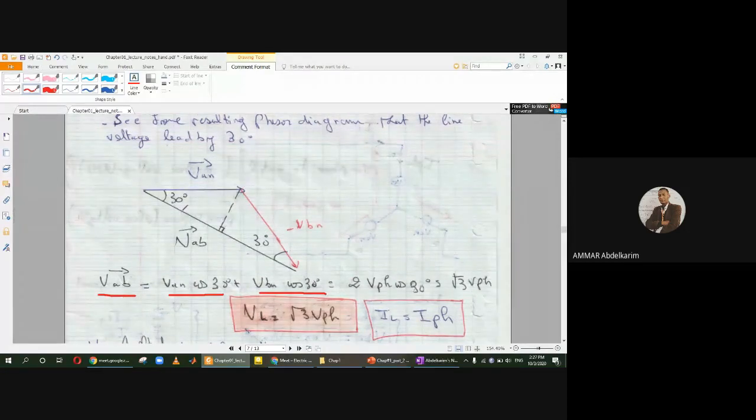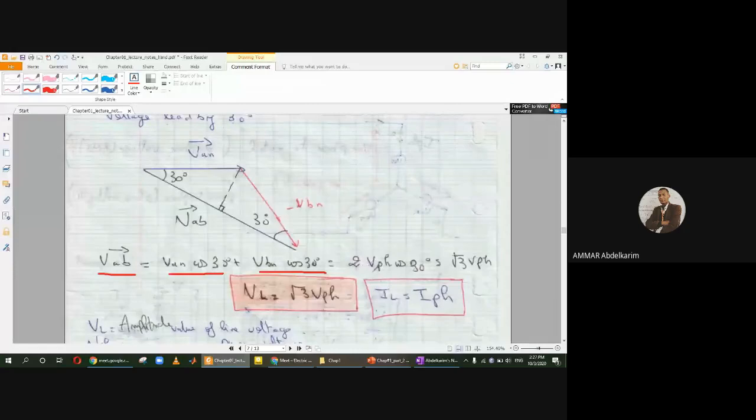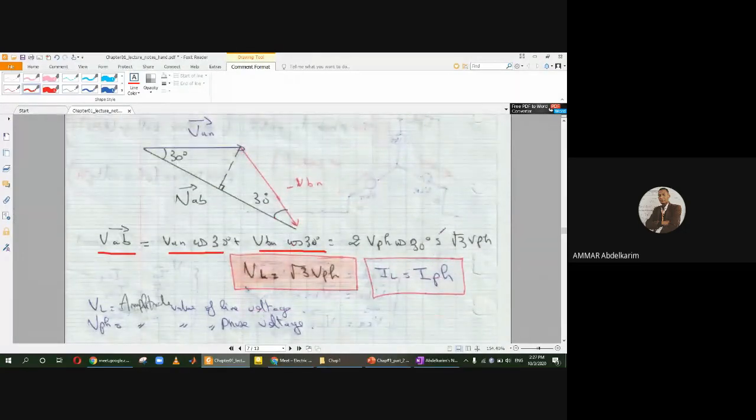So this length is VAN cosine 30, and this length also is VBN cosine 30. So it equals 2V cosine 30, which equals square root of 3 V, because cosine of 30 is square root of 3 over 2.